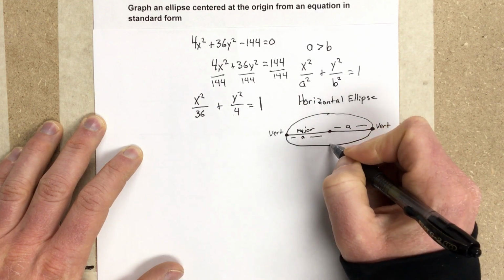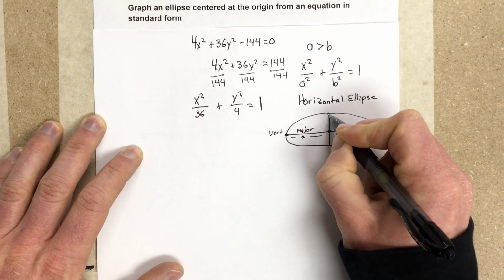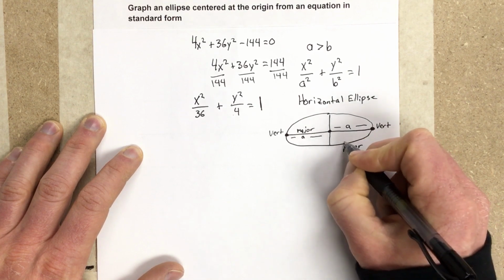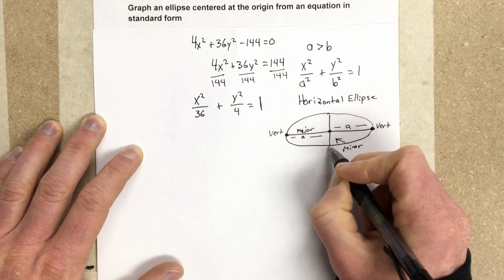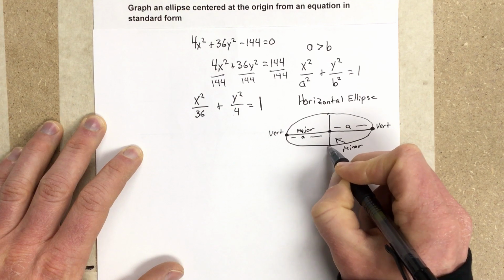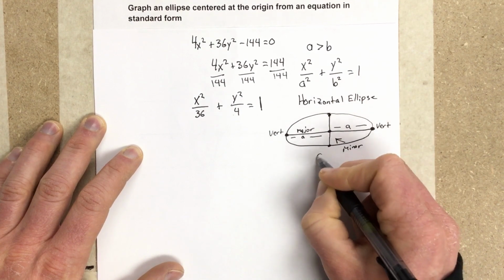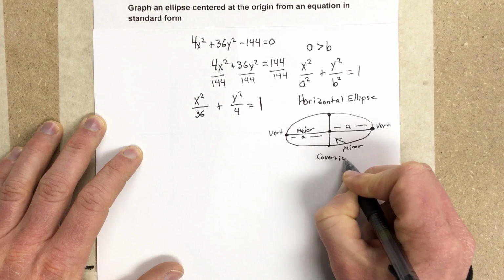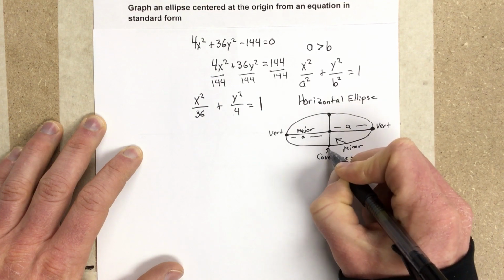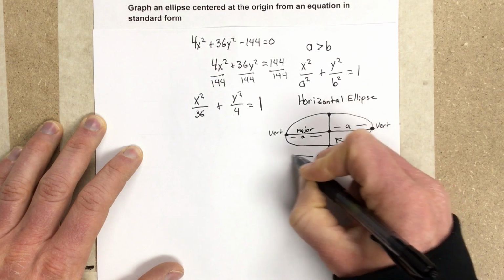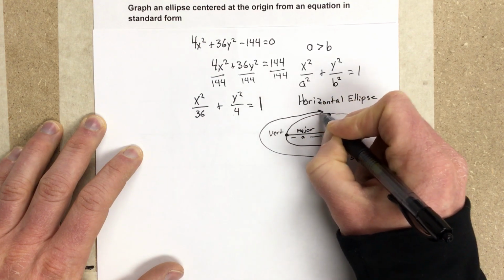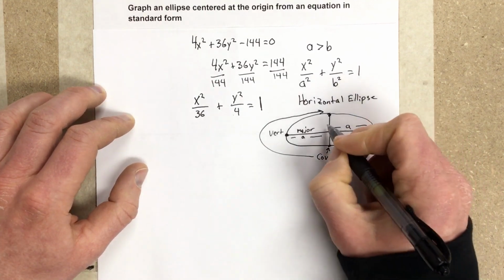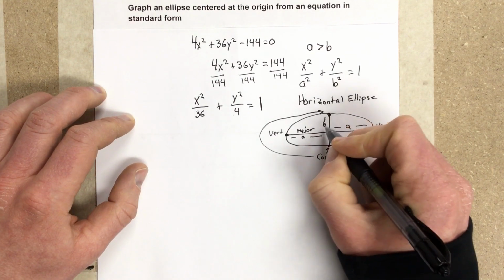And then this is our minor axis. So I'm going to write minor here. And then these points here are the co-vertices. So I got a co-vertex here, and I'm just going to draw it around here. That's a co-vertex as well. Now those distances are of B value.